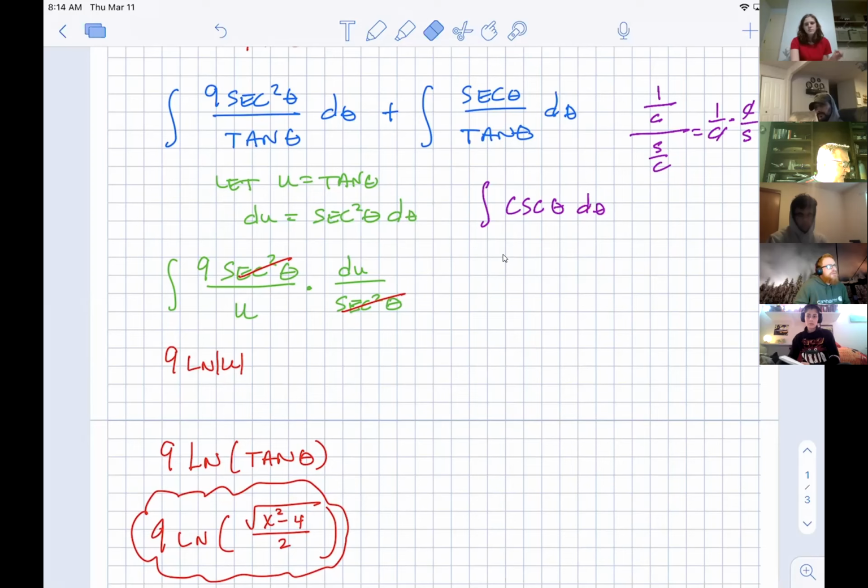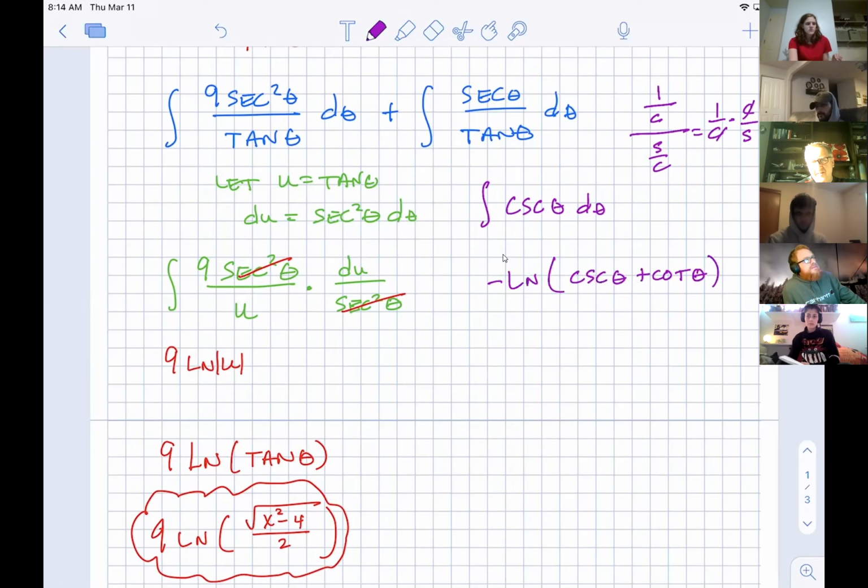But I'm looking it up. This is number 8 in the back of your book. It says, oh my God, this is terrifying. The integral of cosecant of theta is actually equal to negative natural log, absolute value technically, of cosecant plus cotangent. Do you vaguely remember that secant was like that too?